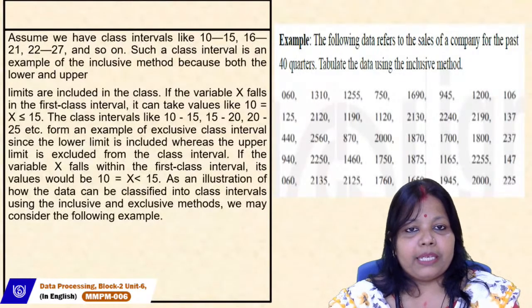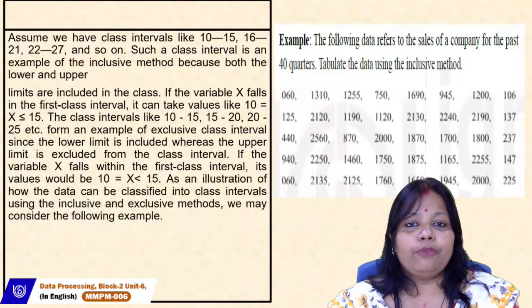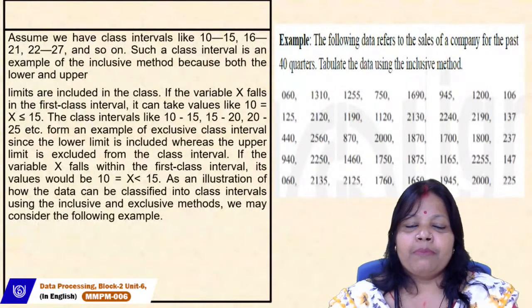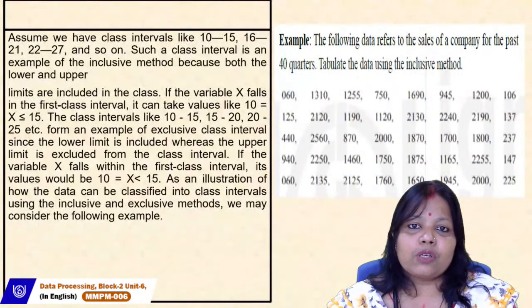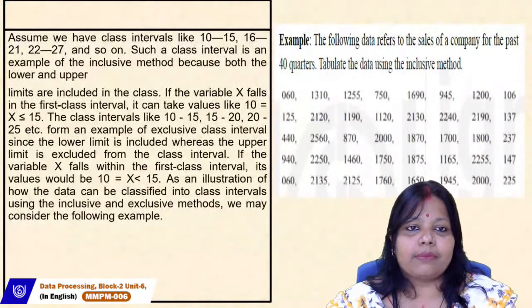Just like this example, 10 to 15, and the next class interval is 16 to 21. It means 15 is there in the first class, not in the second. It is clearly visible that the second class starts from 16 and ends at 21. This is called inclusive class interval.